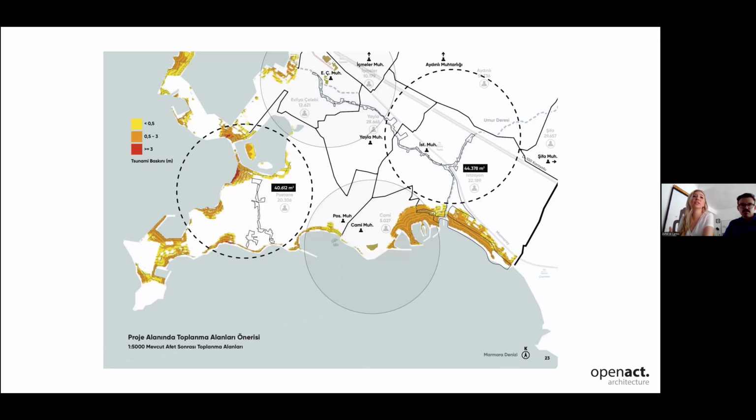And then here you are seeing, for example, the tsunami effect: if there was a tsunami in the Marmara Sea, which would be the areas that are actually affected by it. So those areas are directly telling you where you should propose gathering areas if there's a natural disaster and an emergency.